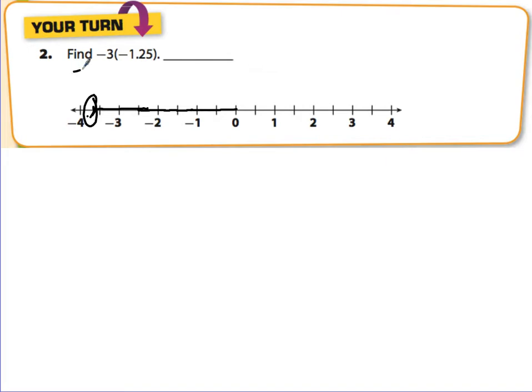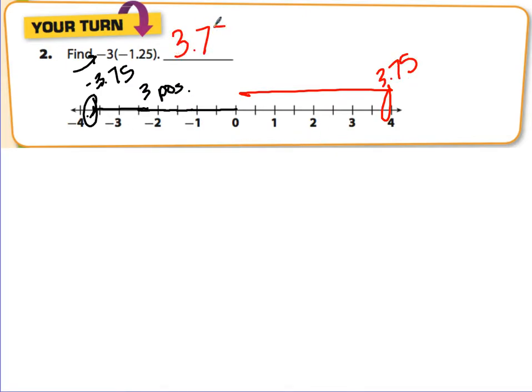But now, this would be 3 positive groups. I want 3 negative groups. So since this is 3 and 75/100ths away from 0, I want the opposite of that, which would be a positive 3 and 75/100ths away from 0.